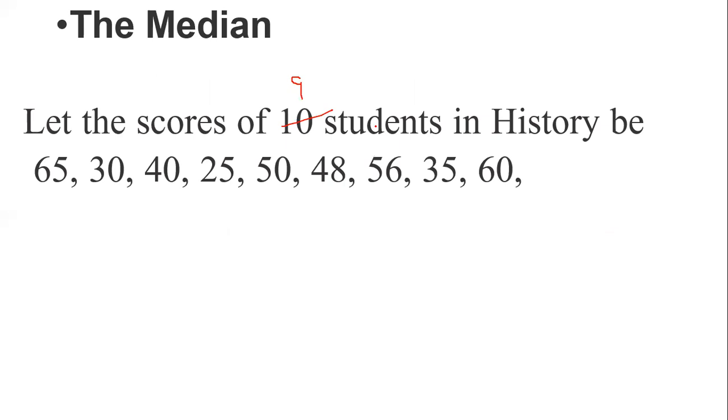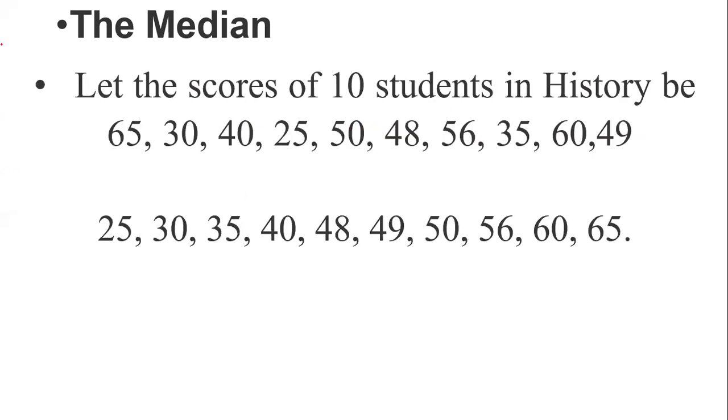When you are ordering them, you can start with the least or the highest, but with the median, always start with the lowest. So we have ordered them: 25, 30, 35, 40. They are 10 now.